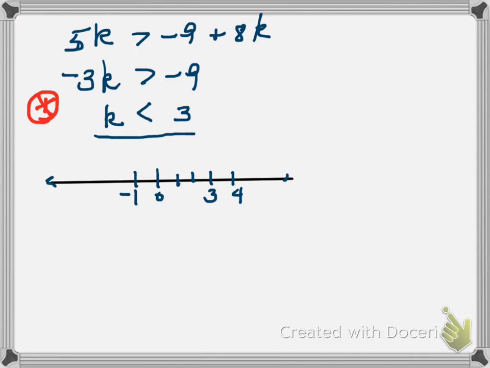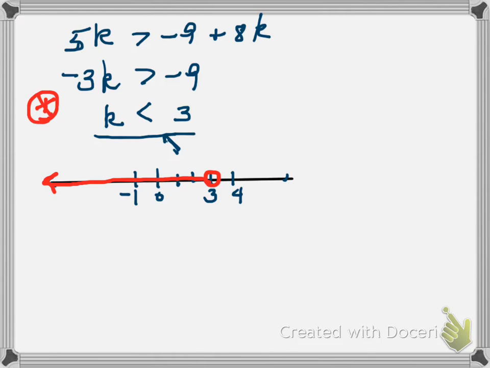Notice you have no equal to sign right here. Okay, no equal to sign with your inequality. So your circle is going to be open, and you want to shade the numbers that are less than 3. So in this case, we're talking about the numbers to the left.